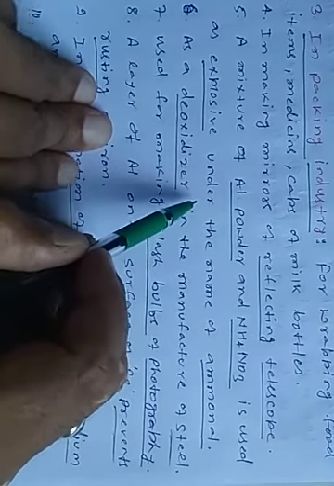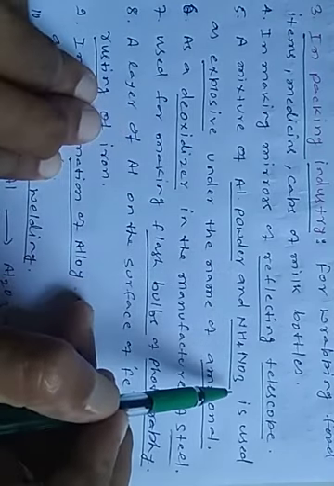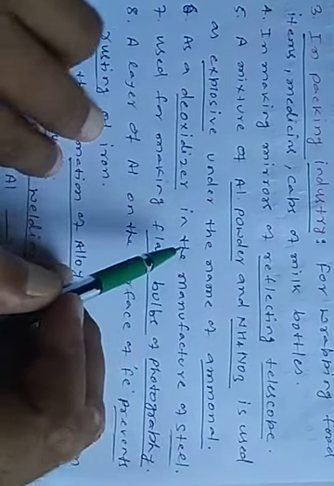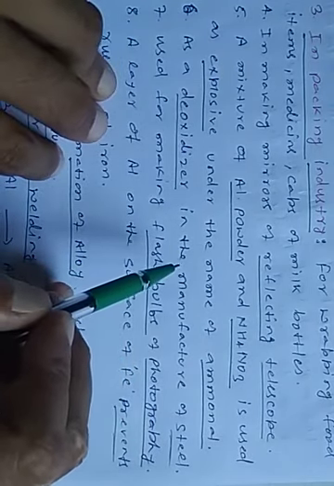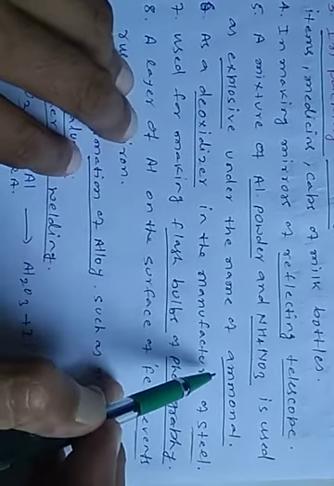When aluminium powder is mixed with ammonium nitrate, it behaves as an explosive, and in the market it is sold under the name of ammonal.